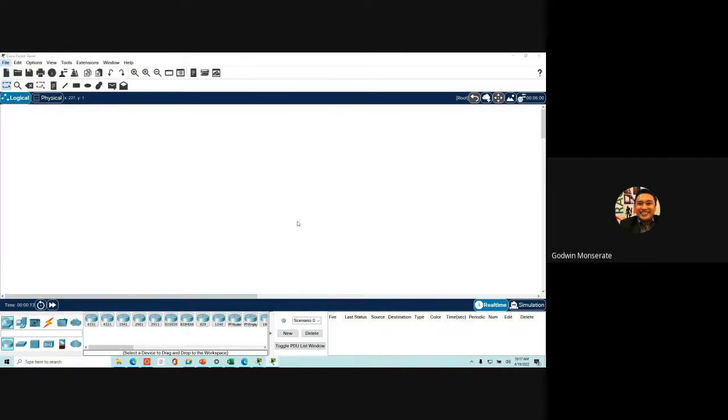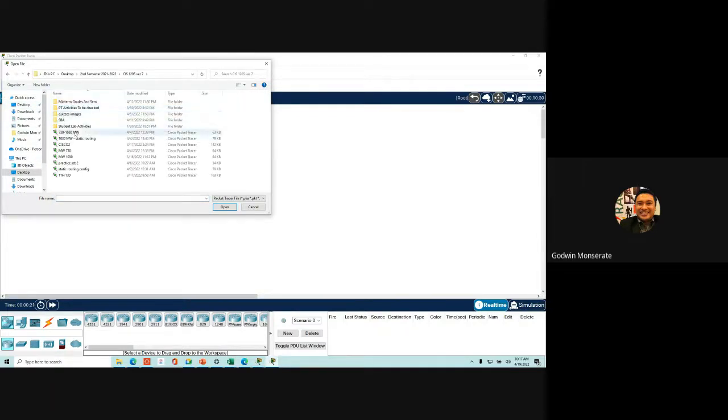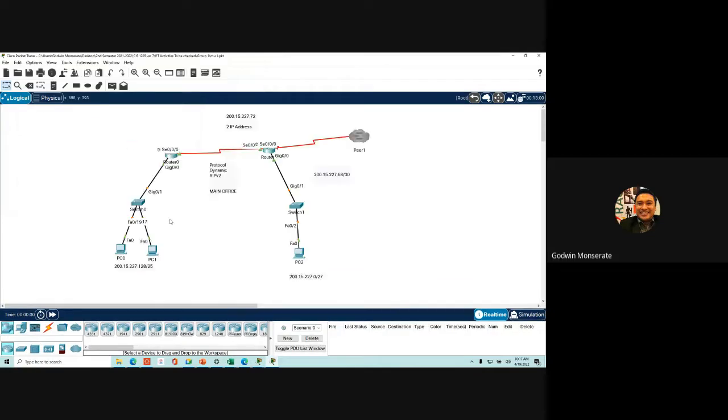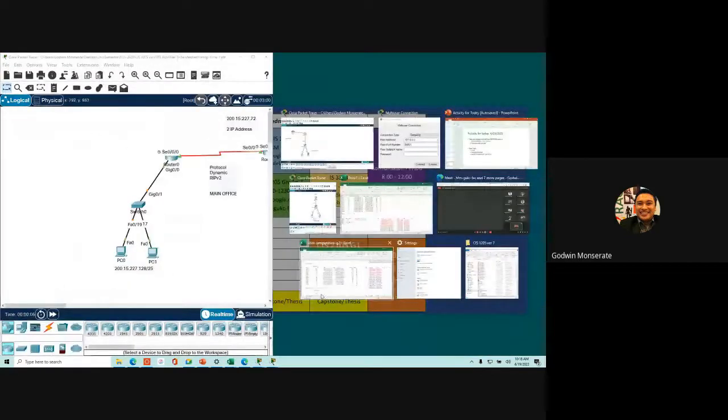File, open. Desktop, this one. Packet Tracer activities, group 1, 2. MU1 and MU2. So, pareho-pareho lang. Kabantay mo? Pareho-pareho lang ha. Okay, this one. And the other is this one.